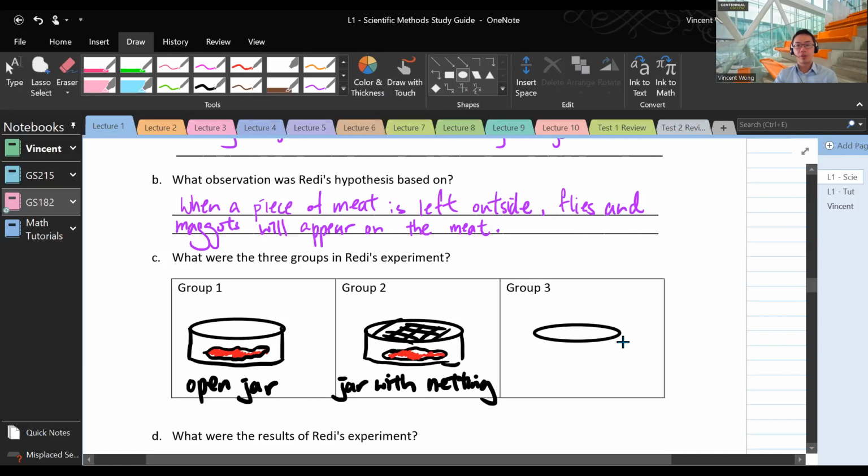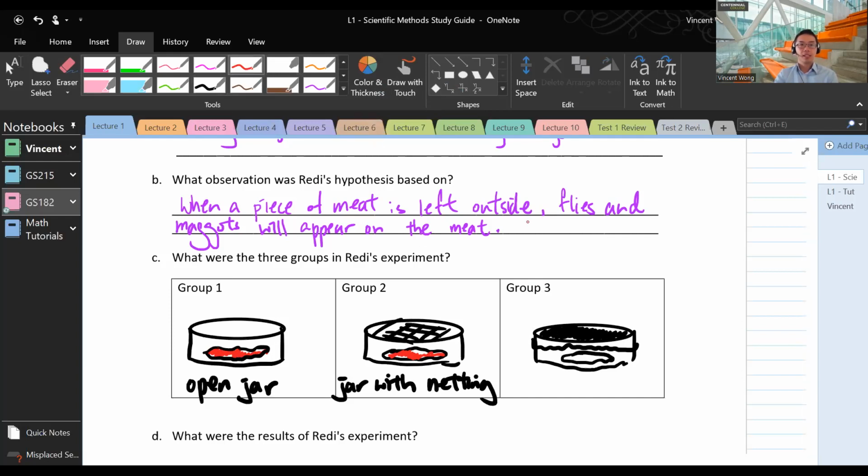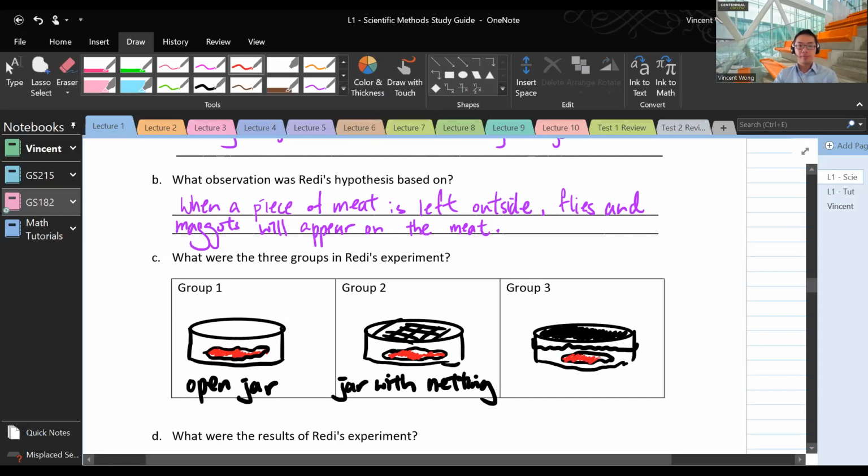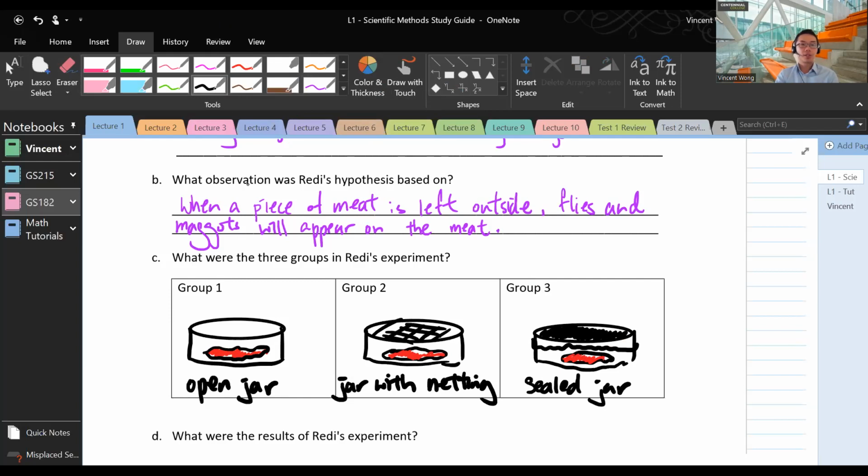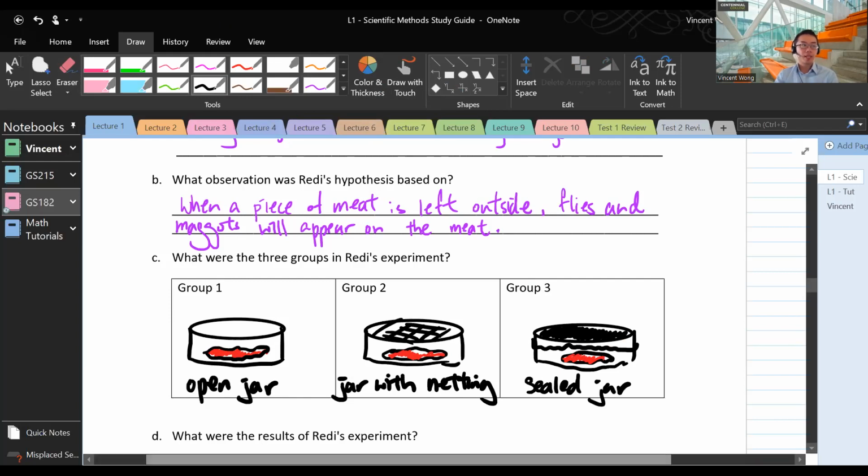And then he has a third group where it is going to be covered and sealed. And of course, we still have the meat in there. There we go. Sealed jar. So that's the 3 groups right here.